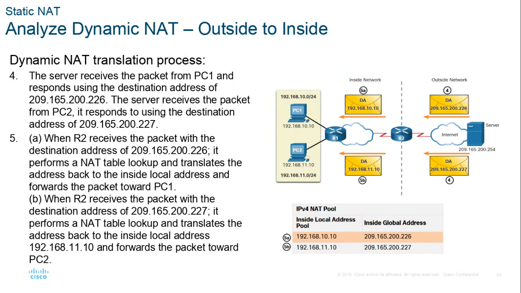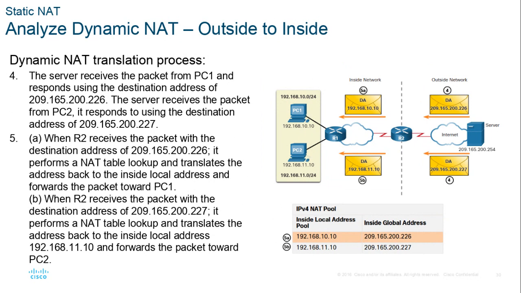Then when he sends the answer back, R2 will look in his network address translation table and see the response coming back in and change what is now your destination address, 209.165, but that's not your address. You're 192.168. He'll change it back to that proper address so that to the left of that dashed line within the internal company network, everything's 192.168.